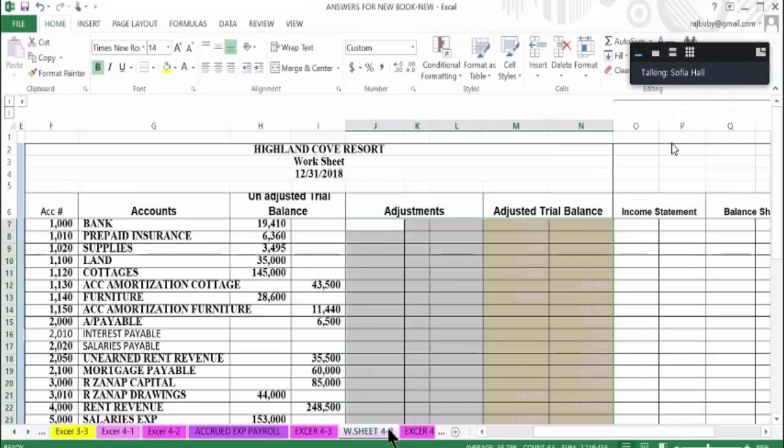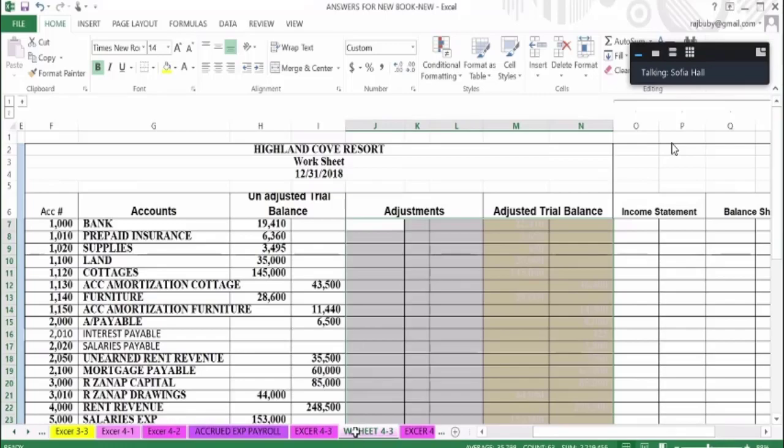Go to the bottom. You can see the tab, right? Exercise 4-3, yes, this is the tab you can see. Not the cell address. Go back to the bottom. Okay, I see it says W sheet. Okay, I found it. Thank you so much.